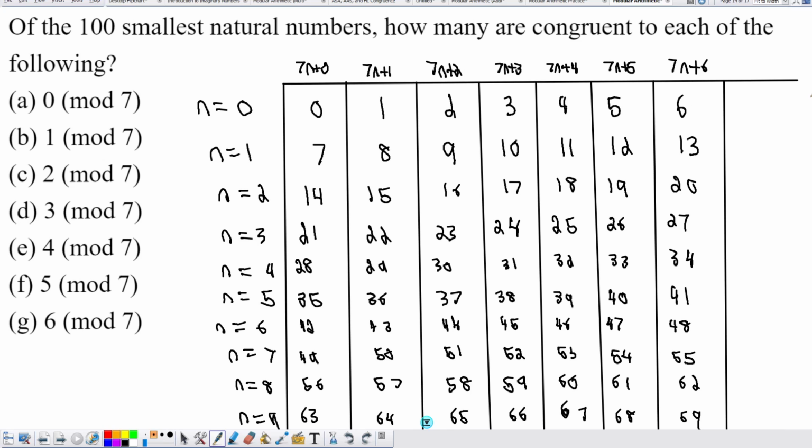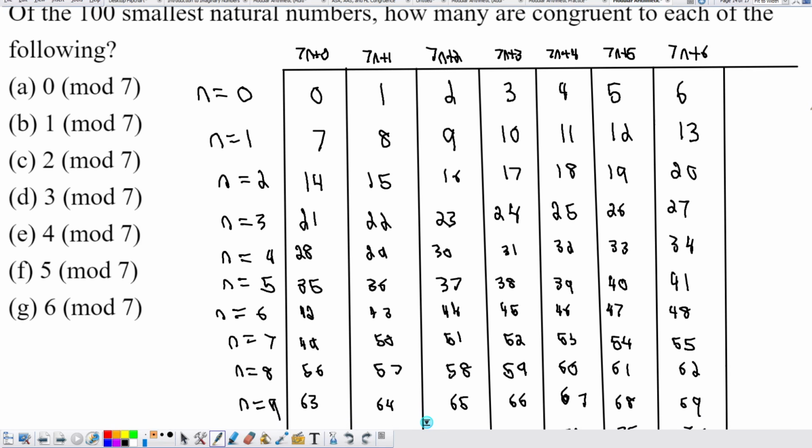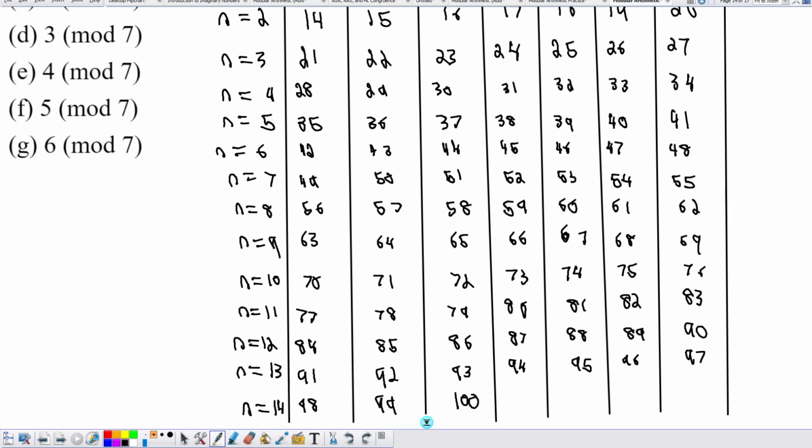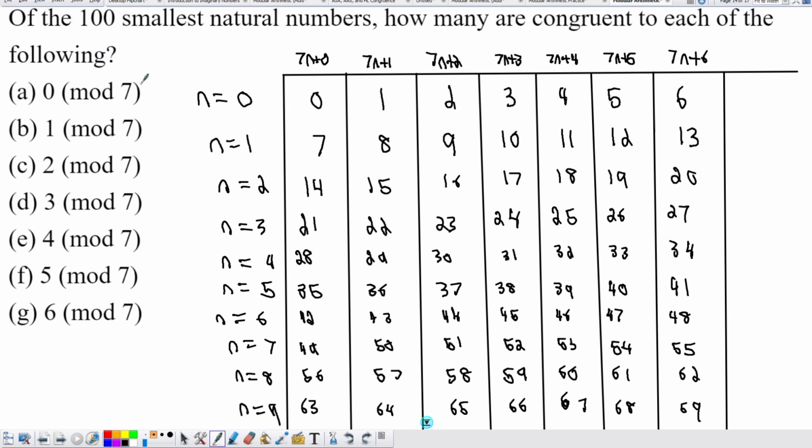So how many are congruent to 0 mod 7? Well, 14. Of the smallest 100.